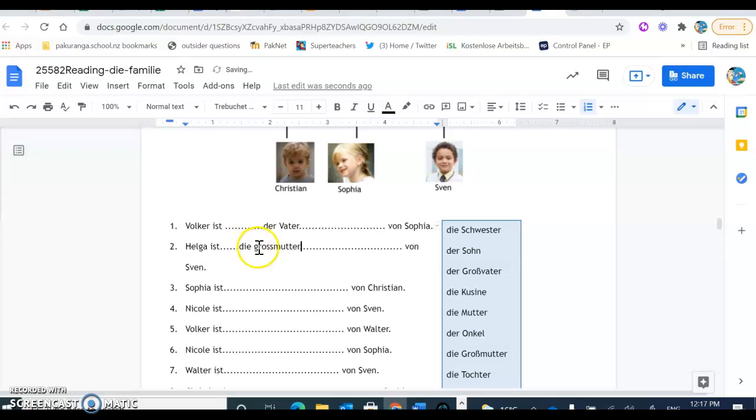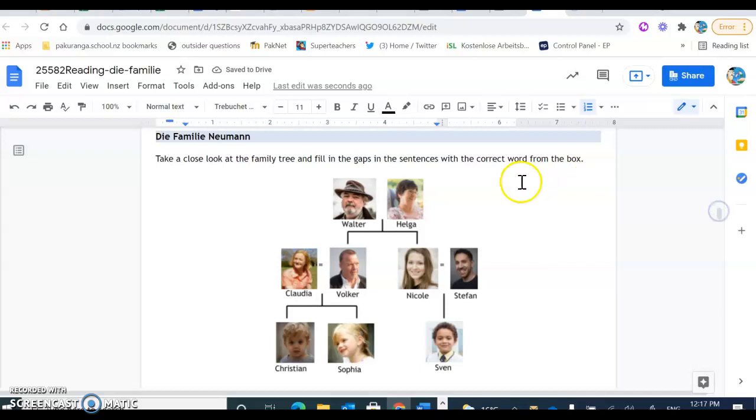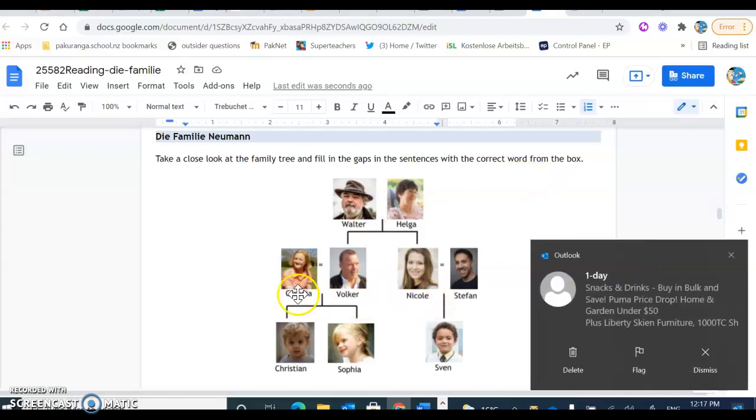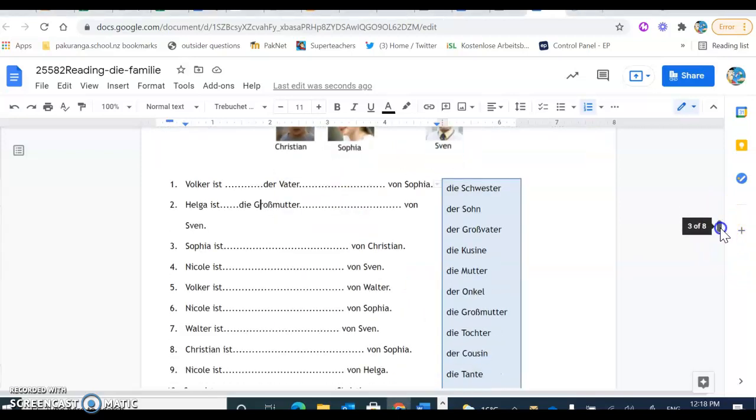I'm putting double. Oh, and I want a capital G. Okay, so you're just looking at that family tree. Who are these people in relation to these people? Okay. Get rid of that. Okay.